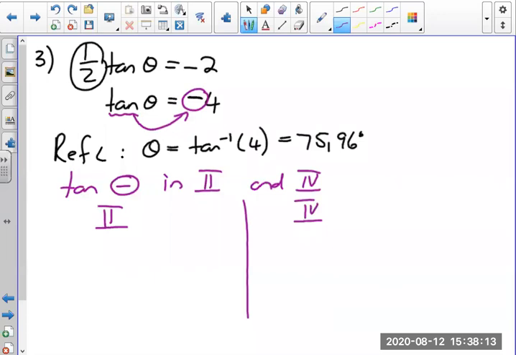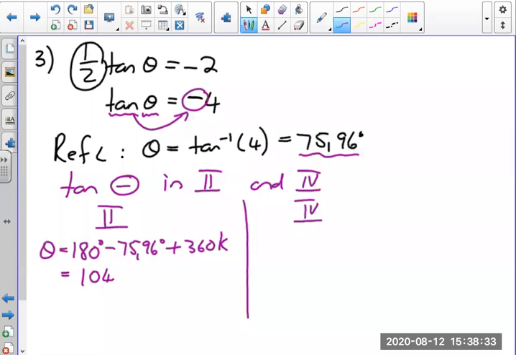And now you say, okay, to get the angle in quadrant 2, I must say 180 minus the reference angle, which is 75,96, plus 360k, which will give you 104,04 plus 360k.